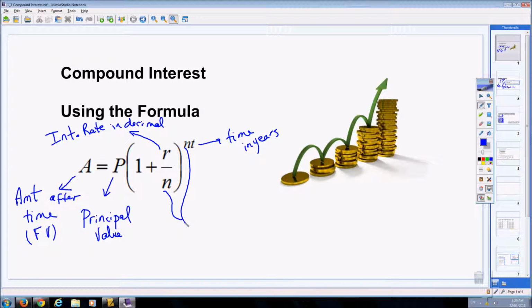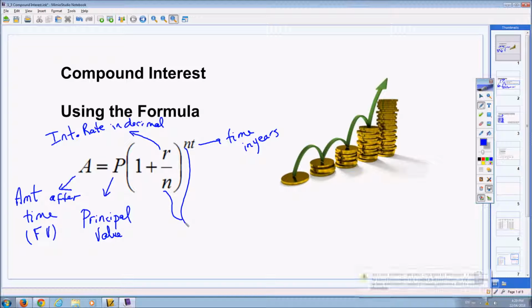So, for example, if we are talking about semi-annual compounding, then that means that twice a year we are compounding the interest, which means that we have to cut in half the interest rate because we're going to compound it twice a year, and we double the number of years because we're compounding it twice per year.